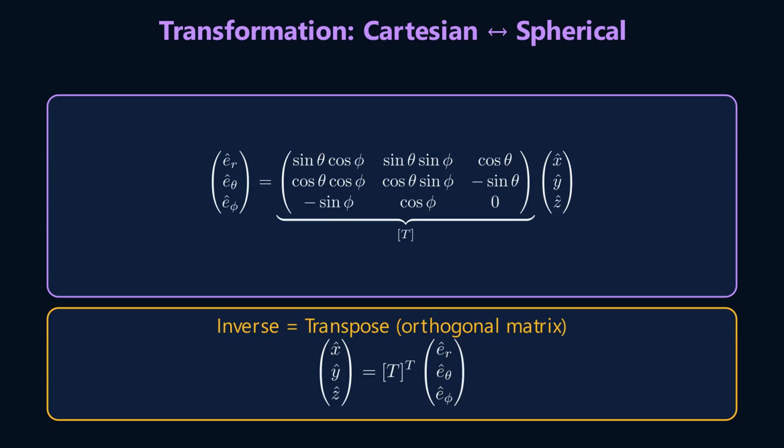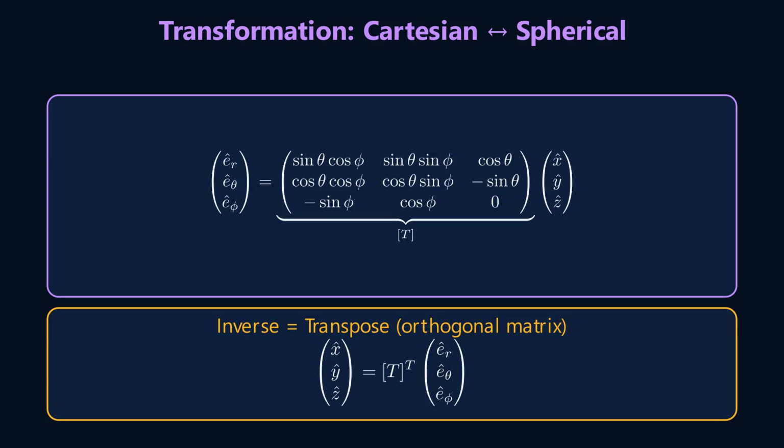Applying the same formula, e hat r equals sine theta cosine phi e hat x plus sine theta sine phi e hat y plus cosine theta e hat z. e hat theta equals cosine theta cosine phi e hat x plus cosine theta sine phi e hat y minus sine theta e hat z. e hat phi equals minus sine phi e hat x plus cosine phi e hat y. This gives the spherical to Cartesian transformation matrix.